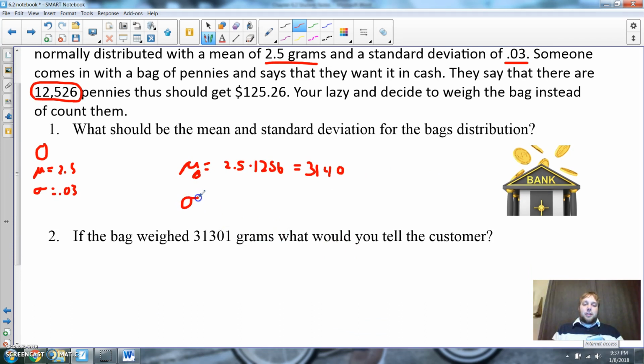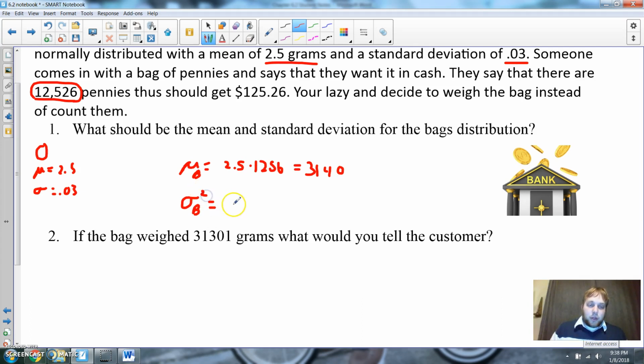Right? Standard deviation. Now here's the deal. Each one deviates, and when each one deviates, each one can wiggle back and forth. You're just going to get more wiggle. So this is when we have to square everything.